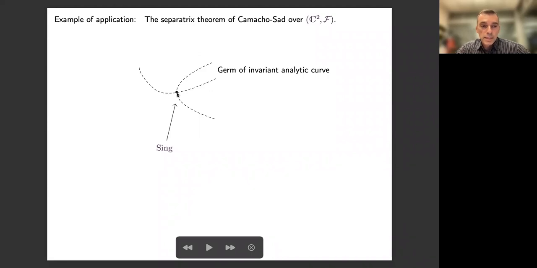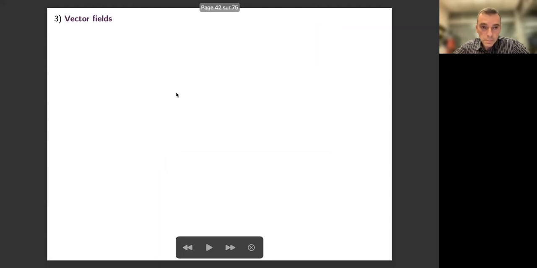But if you complexify this center type singularity, you will find a separatrix through the origin, an invariant curve through the origin in the complex domain. This result makes strong use of the resolution of singularities in dimension 2, and an argument using some index, in the spirit of the Poincaré-Hopf index theorem.